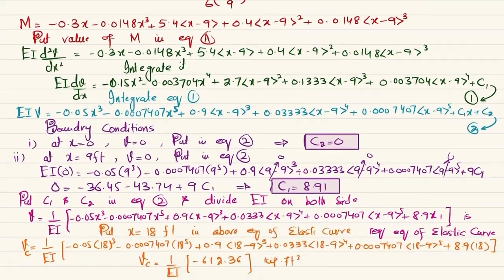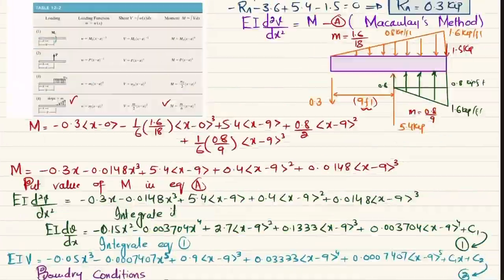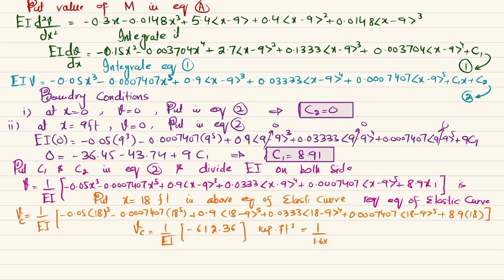So we put the values: 1 over E of wood, which is 1.6 into 10 raised to power 3 ksi, into I, which is 1 over 12 into b was 6 and height was 12 cube, so it will be inch power 4, multiplied by minus 612.36, and we will convert feet into inch. One foot is equal to 12 inch, so 12 cube.